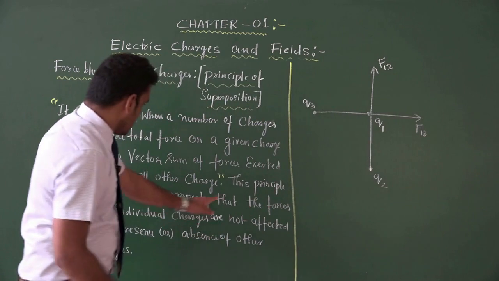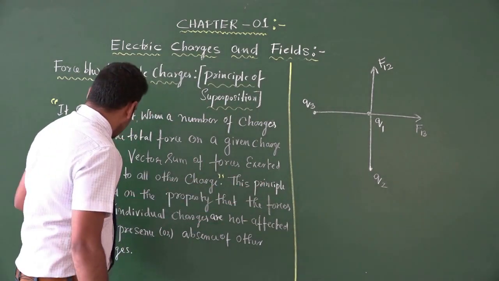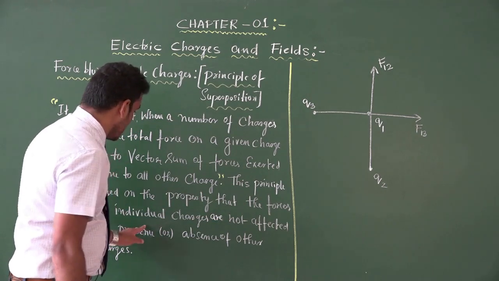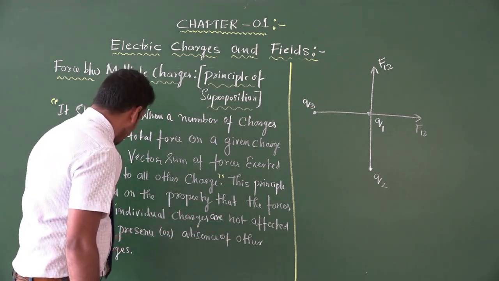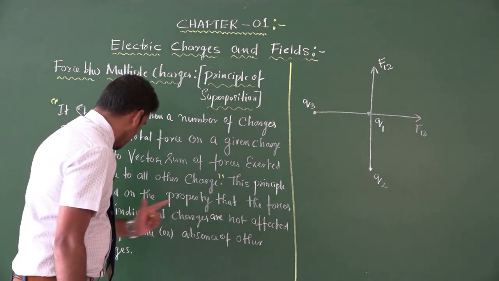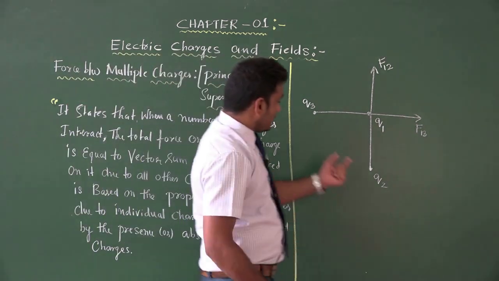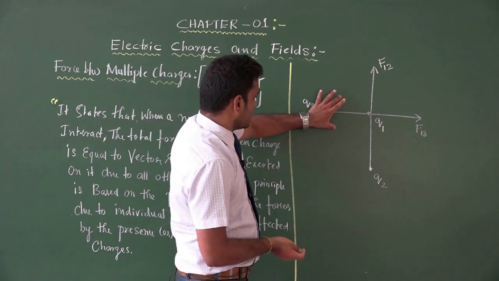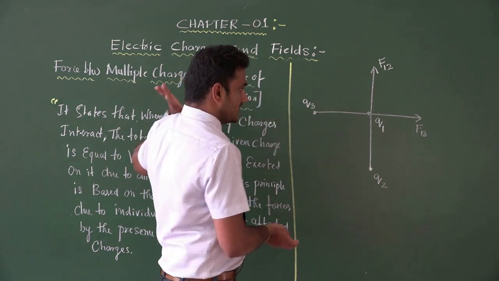Look at this statement: the principle is based on the property that the force due to individual charges is not affected by the presence or absence of other charges, which means the force exerted by Q2 is not affected by the force exerted by Q3.